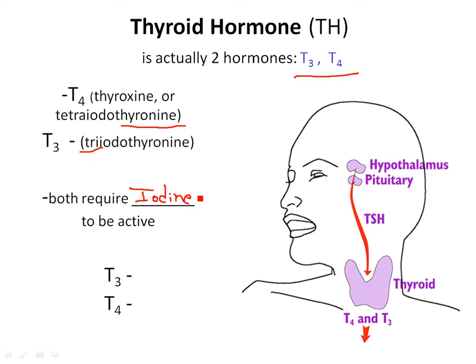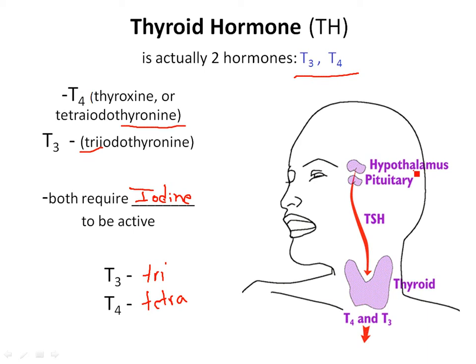Nowadays, we get most of our iodine from salt. We have iodized salt. And as most of us know, salt is in almost every food we eat. So, we get this in the diet and we activate these. And that's where these words are coming from. Tri means three, so triiodothyronine means it has three iodines, and then tetra means four, so that's where the four is coming from. And again, it's going to be much simpler if we refer to these as T3 and T4.